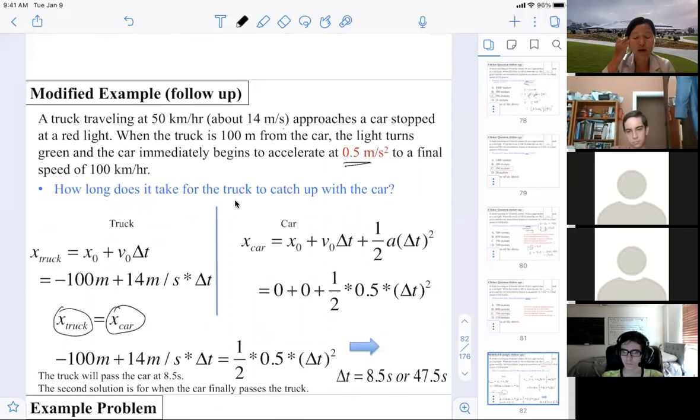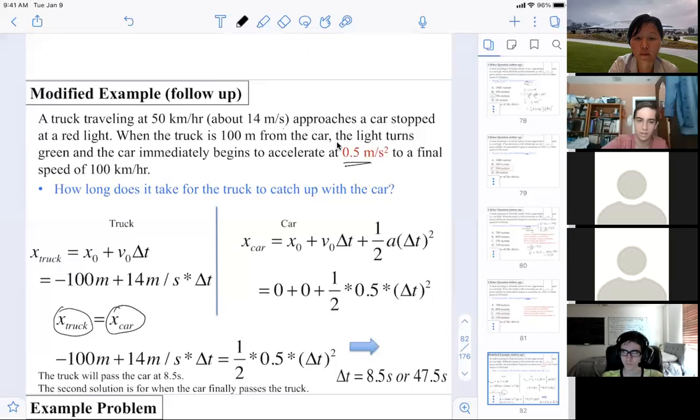So any guess on the meaning of these two different times? Would you say only one of them is physical, the other is not physical, we're going to toss it out, or do both of these times actually physically mean something? What do you think? Well, the car, if it's accelerating constantly, its distance from where it started is moving parabolically.